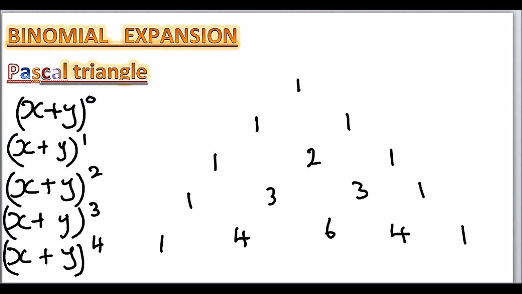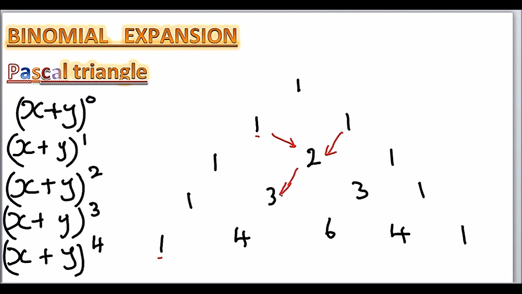So these are the coefficients of our expansion. Now, looking at this pattern, we can discover something, that each row starts with 1. So you can see each one starts and ends with 1. Then we get the other numbers from 1. If you add 1 plus 1, we get 2.